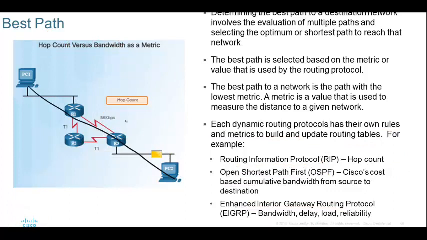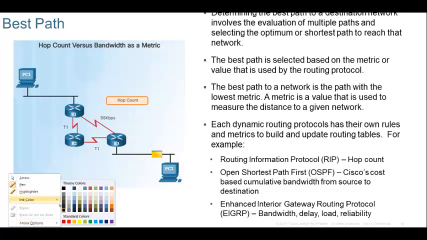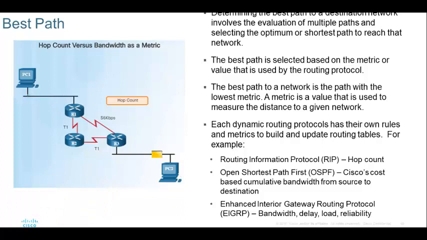But according to OSPF, that is not the best path. According to OSPF, this is the best path. You know why? The bandwidth. This is 1500 KB. T1 means what? 1500 kilobits.